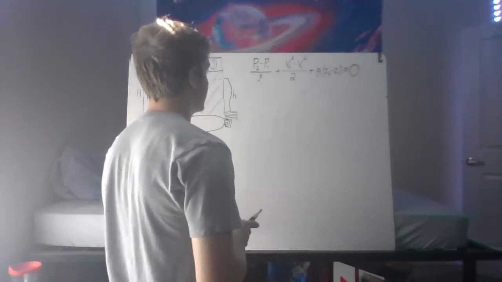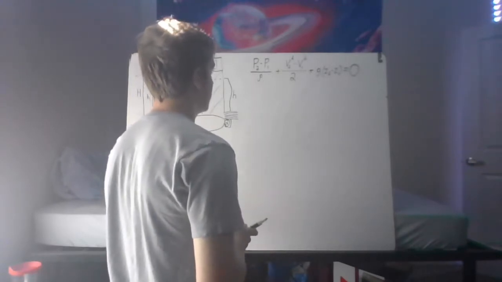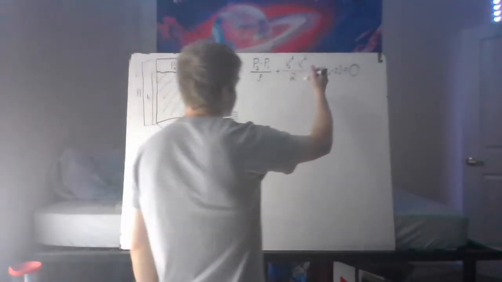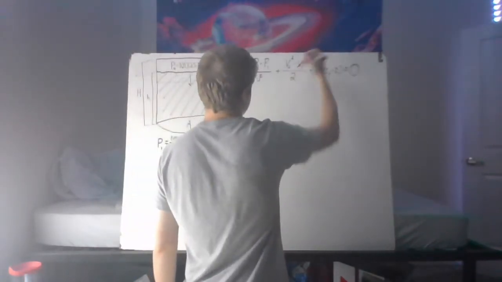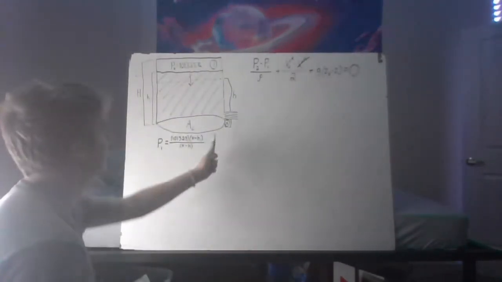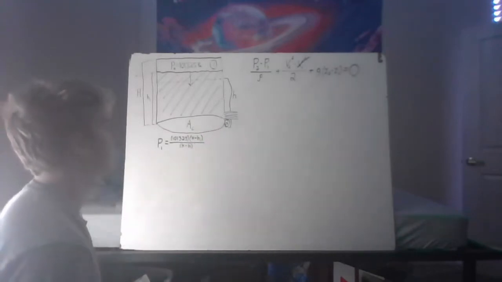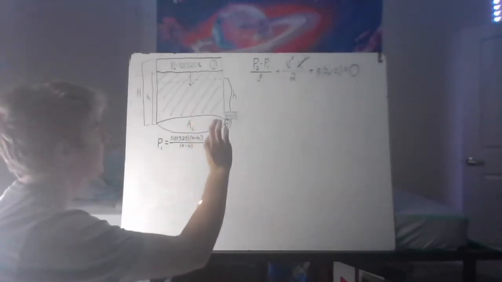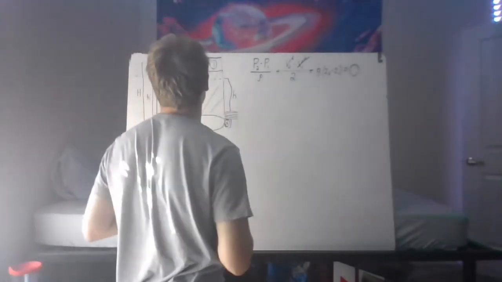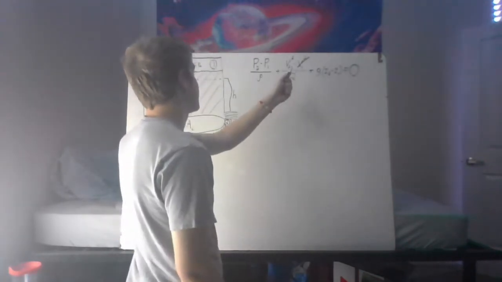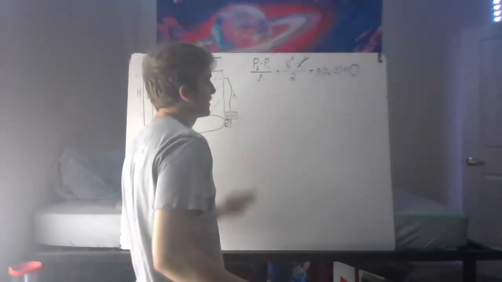The first thing you can notice is that our V1 is basically going to be 0, because V2 is coming out of that little cross-sectional area, so it would be a really large number, while V1 is at this huge cross-sectional area, so it would be a really small number. And a really small number squared is basically 0.